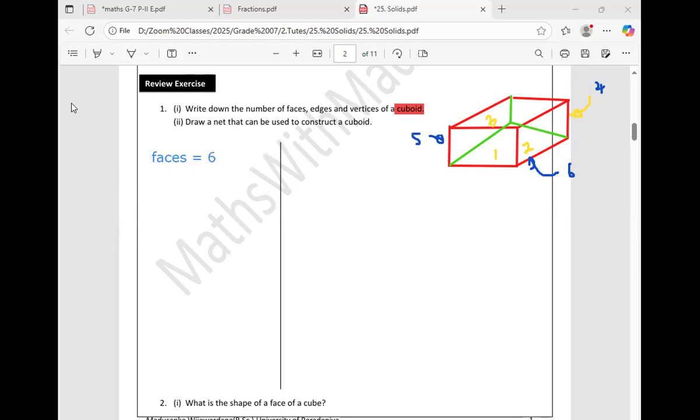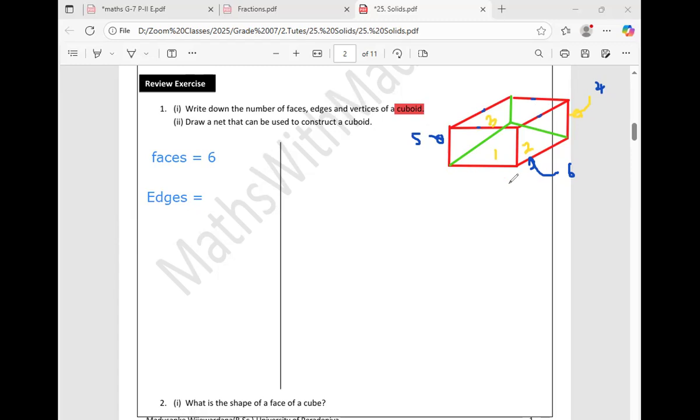Now they are asking from us the number of edges. So I am going to count the number of edges. I will first use a different color so that I can count. This is the first, then second, third, and fourth of the top view.